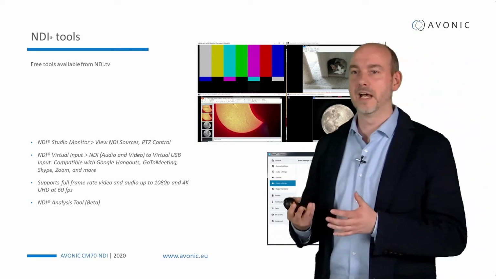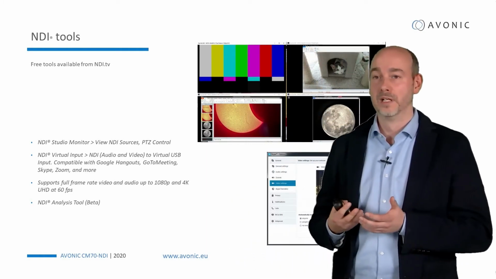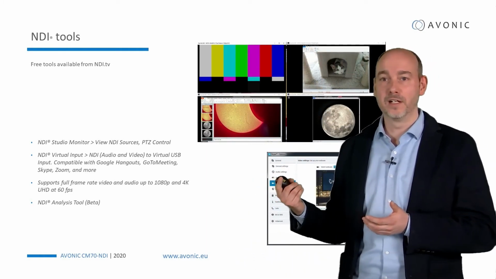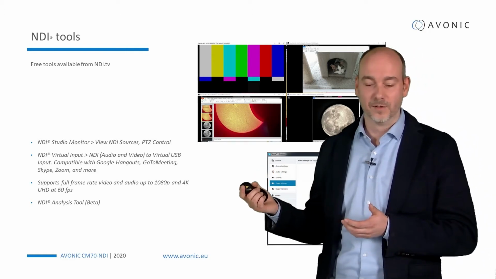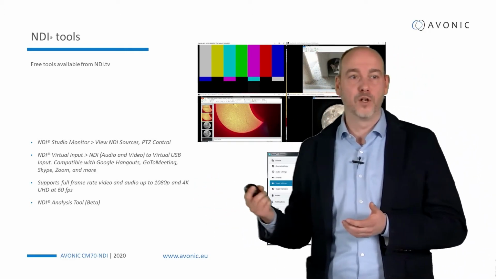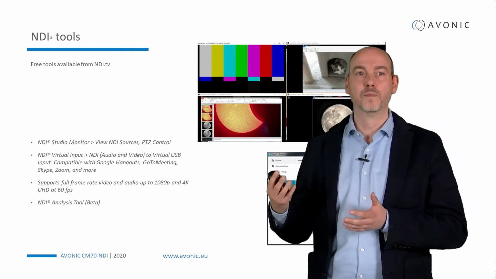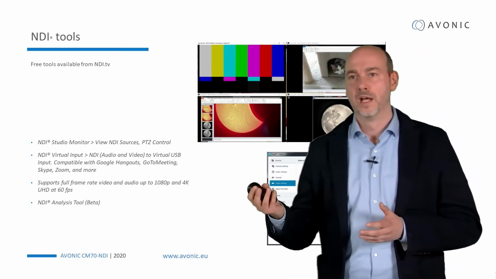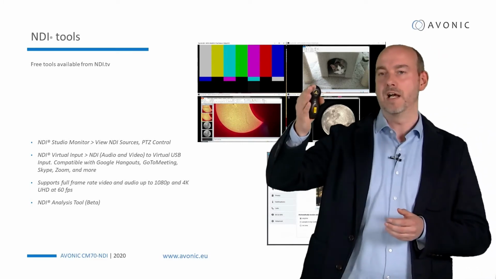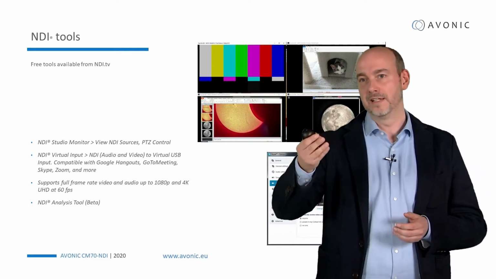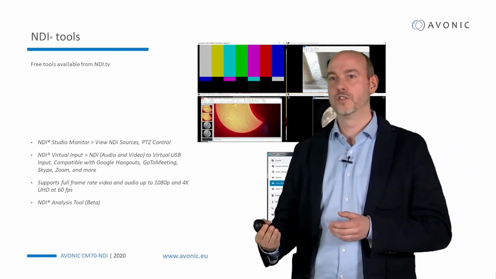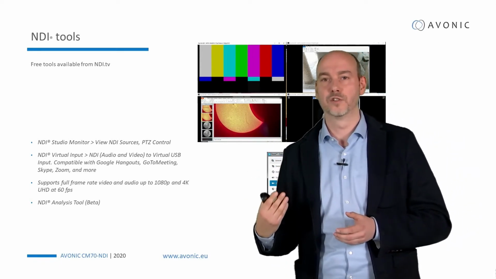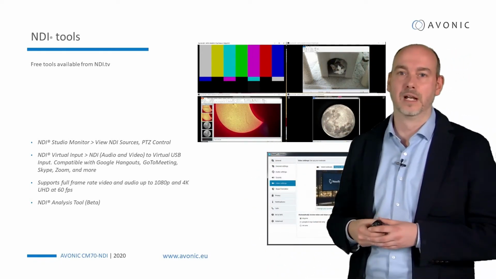It is creating a USB webcam with the nice addition that it can go up to 1080p 60. Also, it's compatible with Google Hangouts or Google Meet, GoToMeeting, Skype, Zoom, all kinds of other platforms. So if you have a camera on the far side of the room, you take the NDI signal and you can use that as a USB input using this tool on a PC or a laptop.